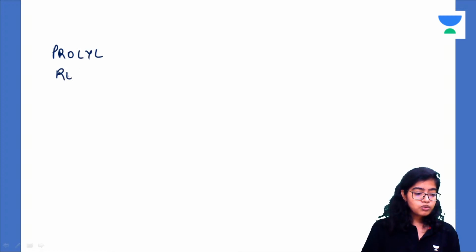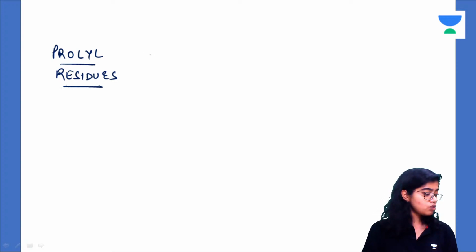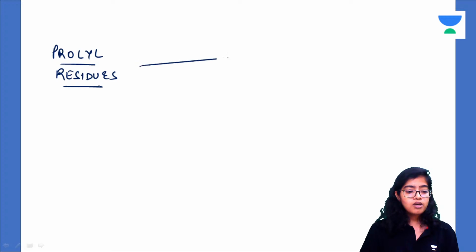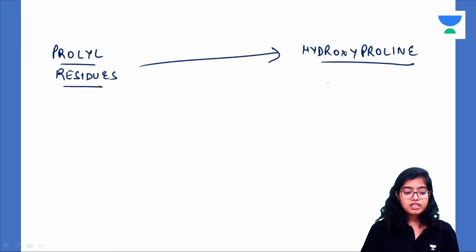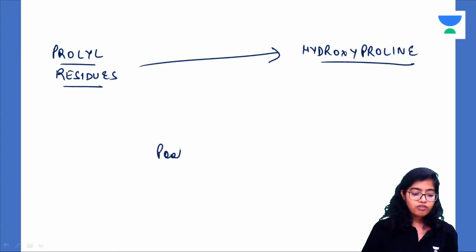Prolyl residues. Guys, it is very important for those of you who are going to appear for your professional examinations. I expect you to answer this. Prolyl residues will convert to hydroxyproline in post-translational modification.